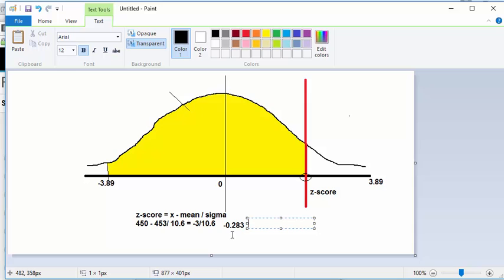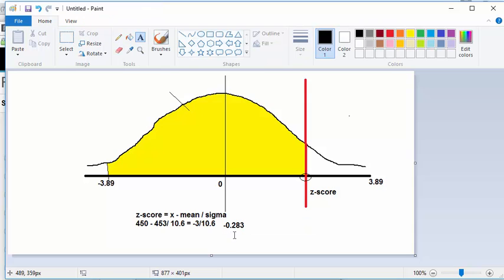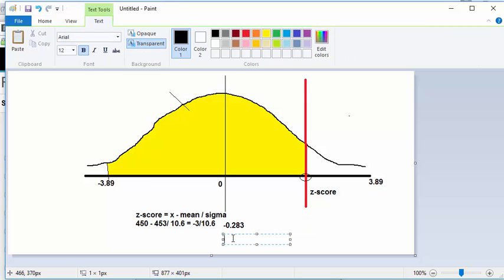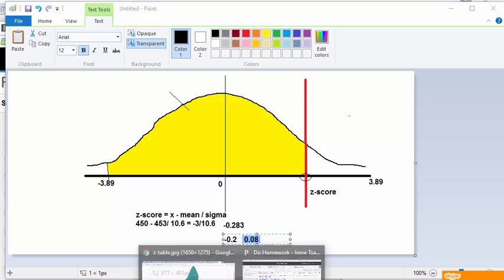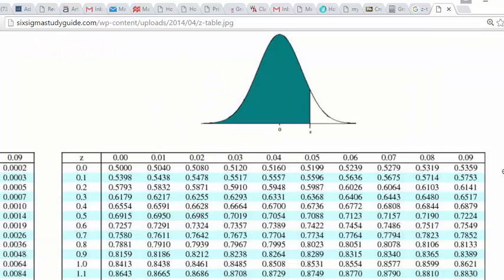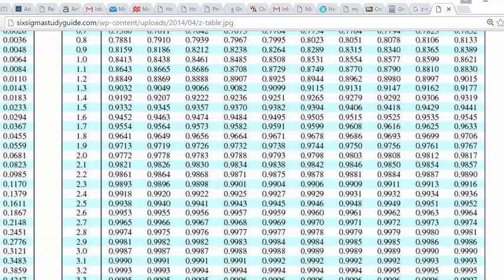Okay, you split this number. How? You have to split it up: negative 0.2 and 0.08. You are going to look at the row that starts with negative 0.2 and at the column that starts with 0.08. You're looking at the table with the negative values.